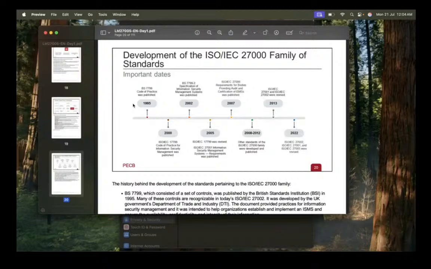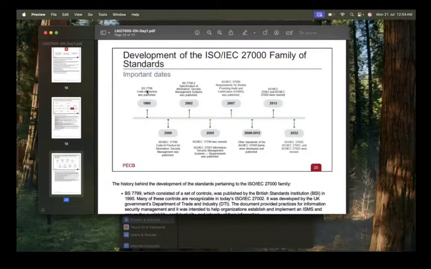We are going to discuss a little bit about the history behind the development of these standards. BS here stands for British Standard. It was developed in 1995.